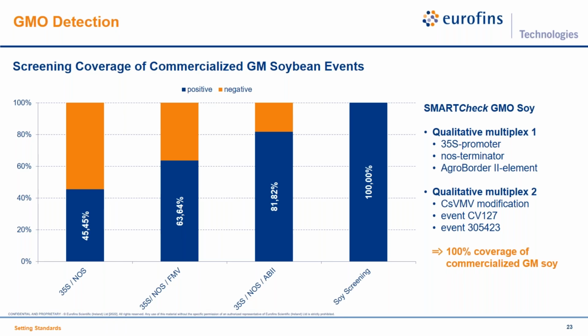If you're fine with this, it's okay, but we think to enhance the efficiency in the lab, it's good to have fewer assays. And for this reason, we combined them in 2 multiplex assays. So we have 1 multiplex assay covering the screening targets and 1 multiplex assay covering the additional targets to achieve 100% of the commercialized soybean.